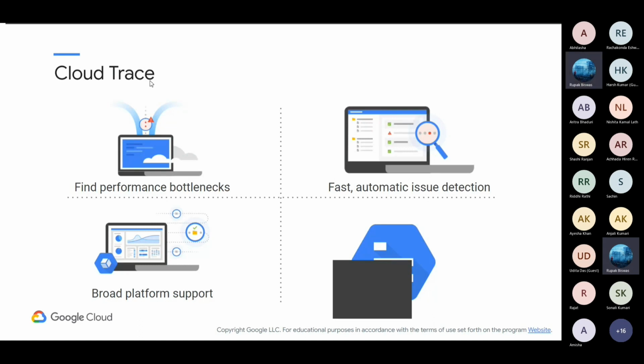Cloud trace helps in these cases. It gives you real-time insight into response time, in which process it is taking how much time, so you can look into this and fix your bugs faster.